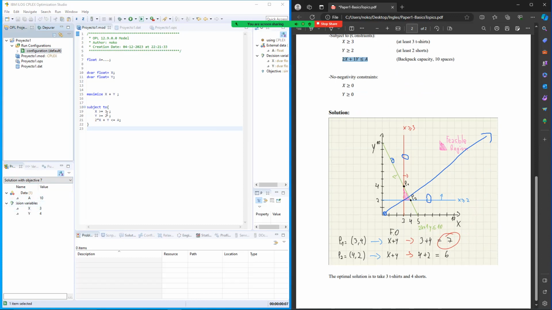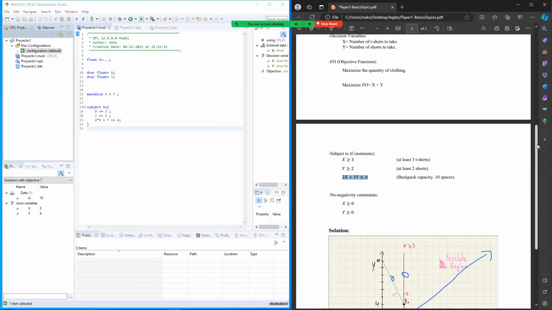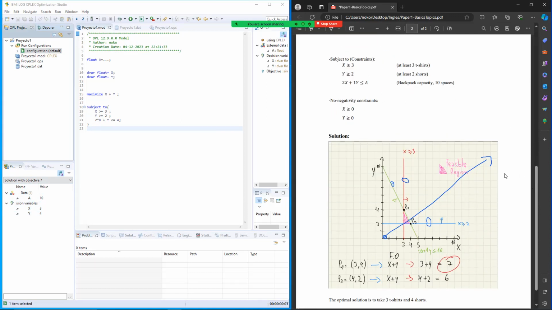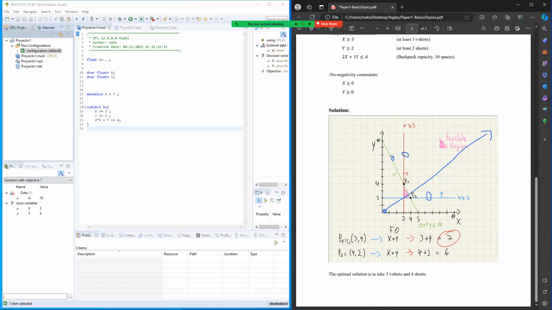Also, this model tells us that Pablo needs to put 3 t-shirts and 4 shorts. It's like how I solved it on the paper.